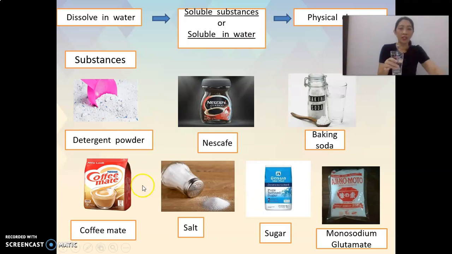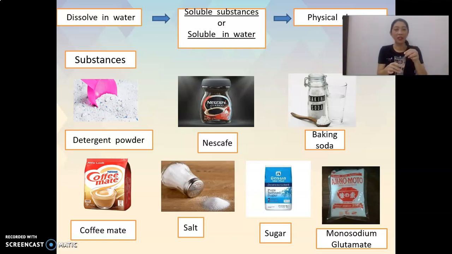So Nescafe is when you add it into water and stir, but Nescafe normally is in the hot water. This is dissolved in water and soluble in water. So number 3 is baking soda.